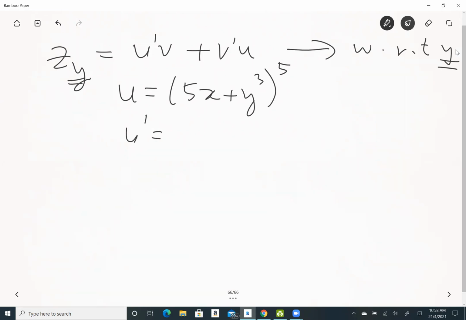So again, the rule is, since y is inside the bracket, take the power, reduce the power by 1, and then you take the derivative of the terms in the bracket. So what is the derivative of the terms in the bracket with respect to y?